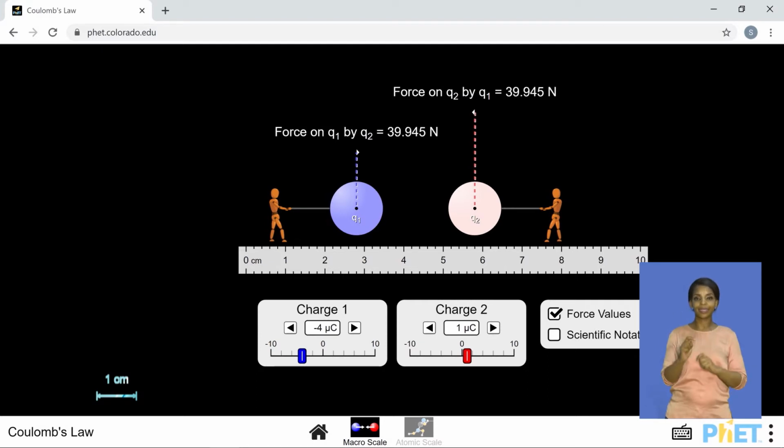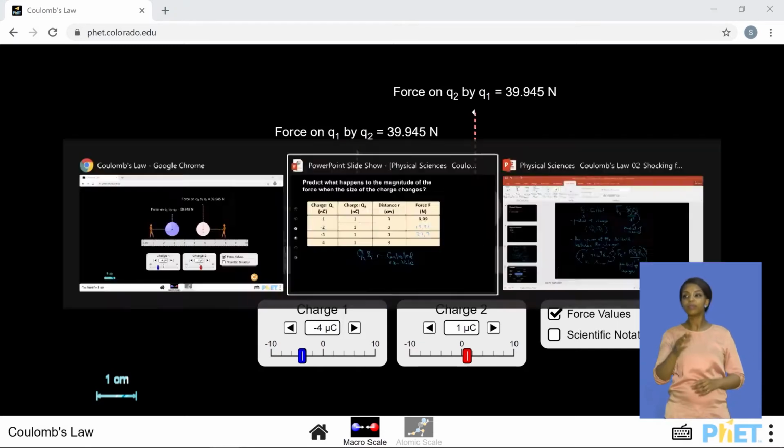So that's the magnitude. And what you also need to realize is that the force exerted on Q1 by Q2 is equal in magnitude to the force exerted on Q2 by Q1, but their direction is opposite, right? So in this case, the magnitude of the force that we need to complete our table is 39.9.